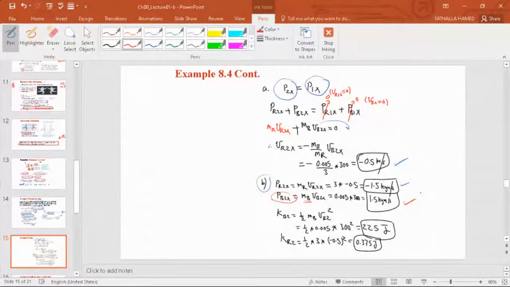But if I want to look at their kinetic energies, kinetic energy is equal to 1/2 mv squared. So for the bullet, it will be 1/2 times 0.005 times 300 squared, and that gives you 22.5 joules. But for the rifle, it will be 1/2 times 3, that's the mass of the rifle, times minus 0.5 squared, and that gives you 0.375 joules.